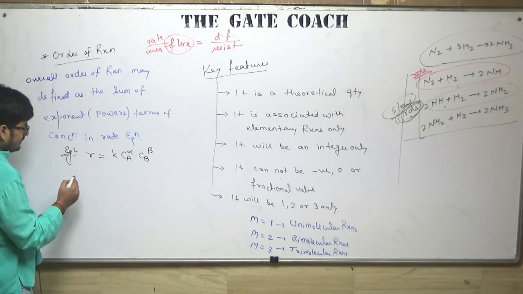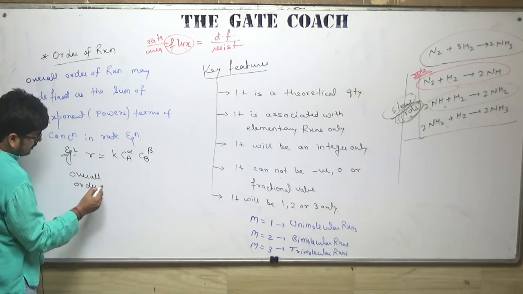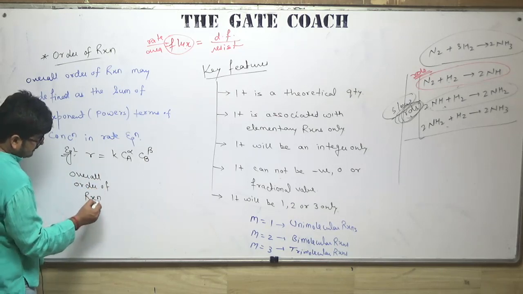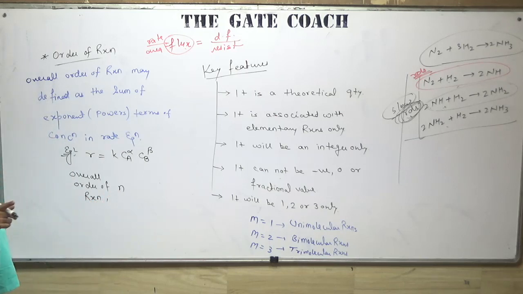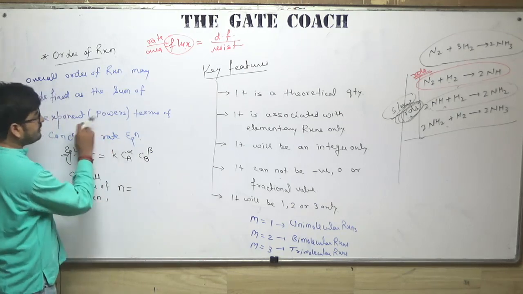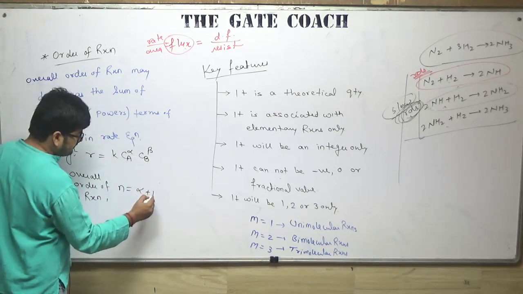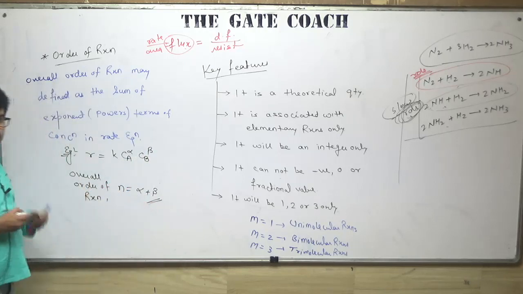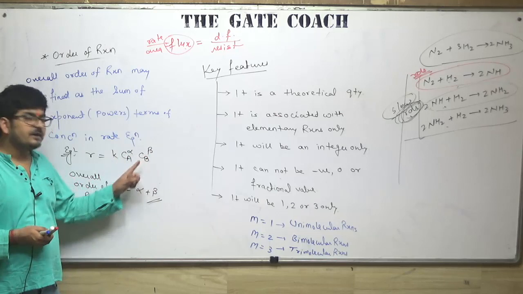So overall order of reaction, which is denoted by small n, remember this, capital N is used to define number of moles, small n is used to define overall order of reaction, that will be the sum of powers of concentration terms, that means alpha plus beta. That is the overall order of the reaction. Alpha is the apparent order of A, beta is the apparent order of B.